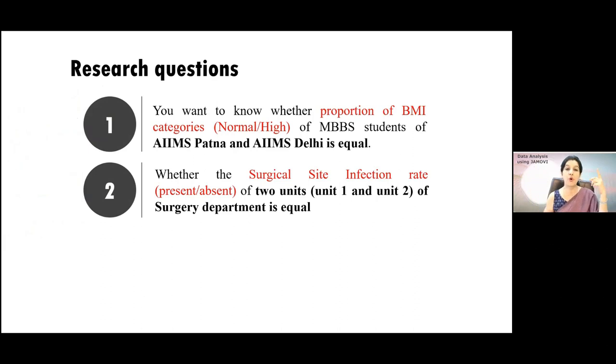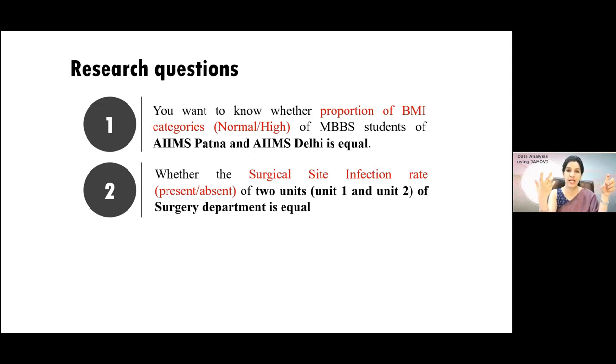So it is more like, can you recall that mean? We compare the mean of two groups by independent sample t-test. So you can have this analogy of independent sample t-test with this chi-square test of two proportion. Because again, there will be two groups and you are checking the proportion and the difference of proportion in these two groups.